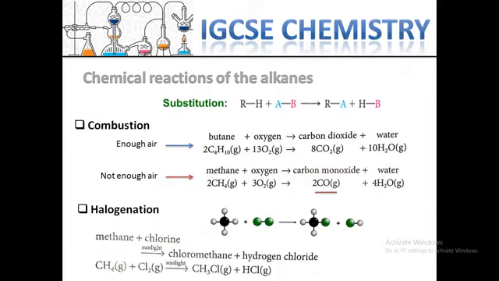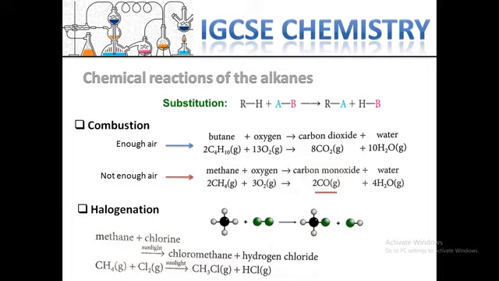Let's open this reaction, and let me give you more examples. Chemical reactions of the alkanes: I said that they follow substitution reactions. There are two examples for this type of reaction. One is combustion and the second is halogenation.